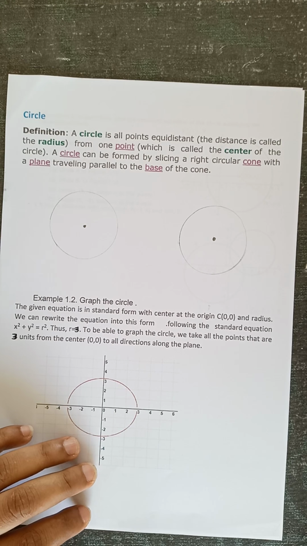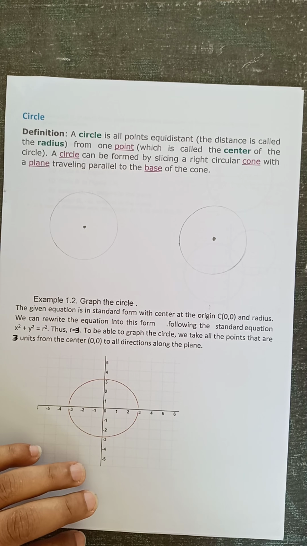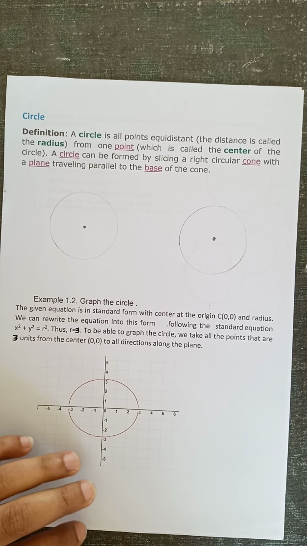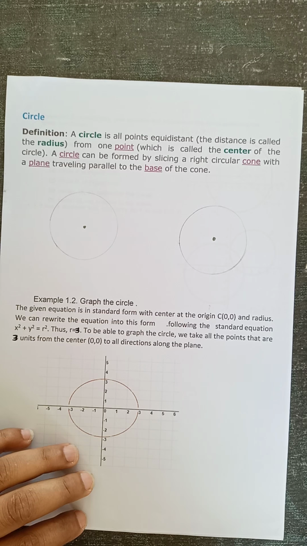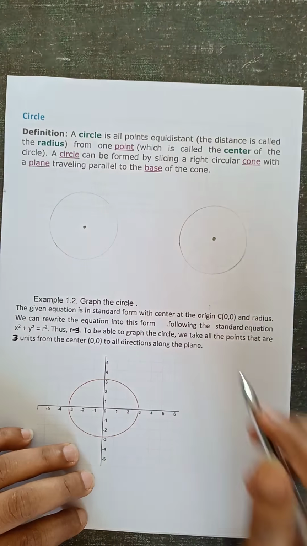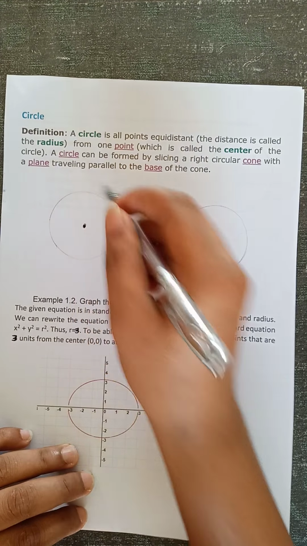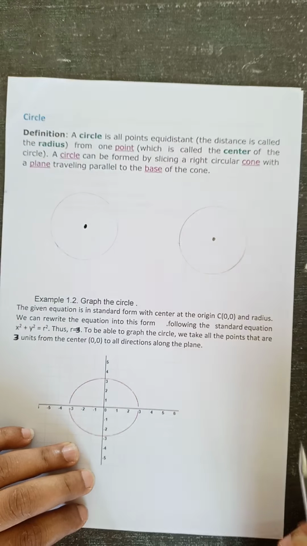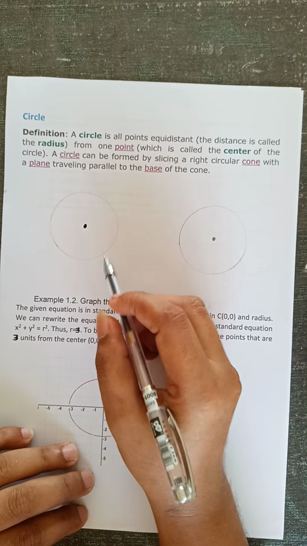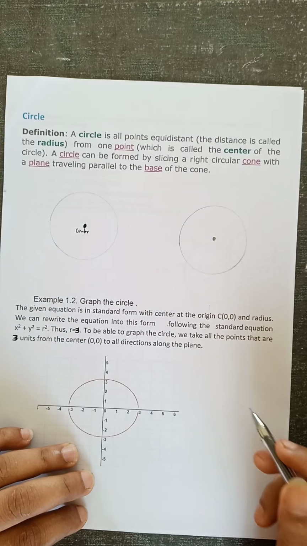By definition, a circle is all points equidistant from one point. This point is what we call the center.